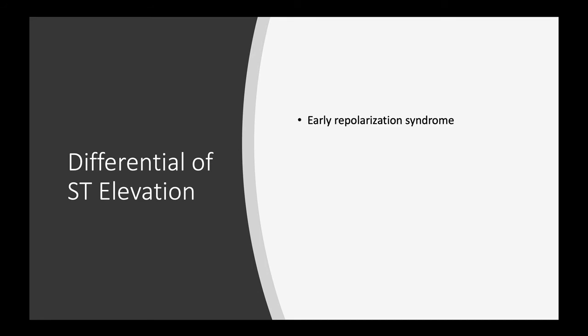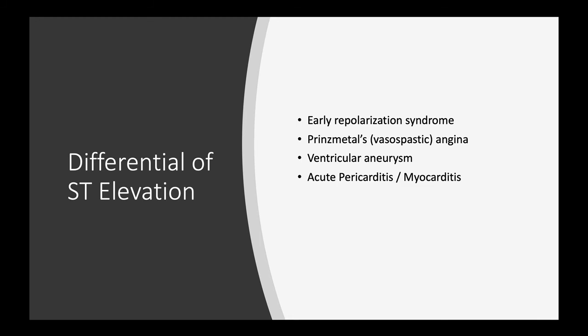One thing that we commonly see is the early repolarization syndrome, and you could have a vasospastic angina, known as Prinzmetal angina, and ventricular aneurysms. This is usually in the setting of someone who has had a recent MI and shows persistent ST elevation, which is because of a ventricular aneurysm.